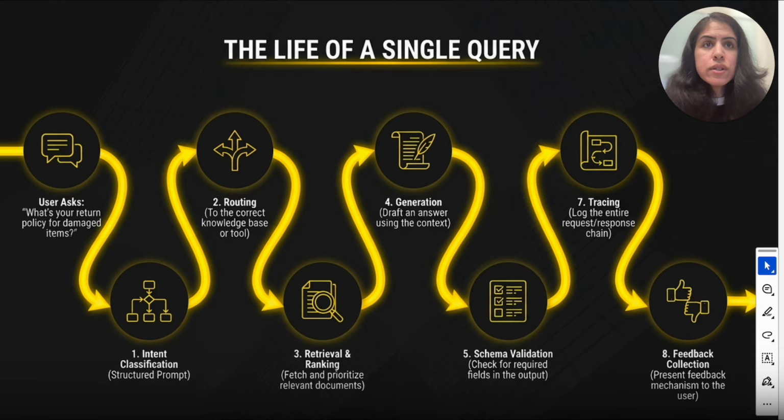So even though the user sees one answer, that query touched 8 different patterns behind the scenes. This is what AI native really means. Not one clever prompt, not one powerful model, but a composition of patterns working together, where each handles one responsibility and the overall pipeline is testable, versionable, and monitorable.